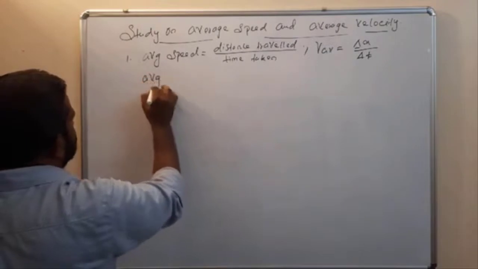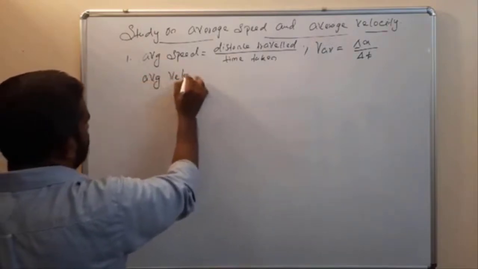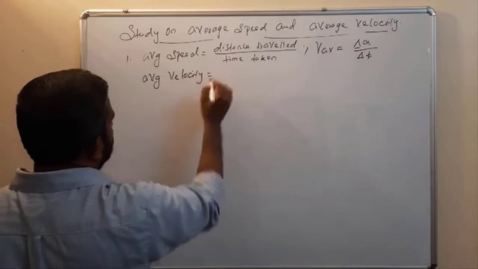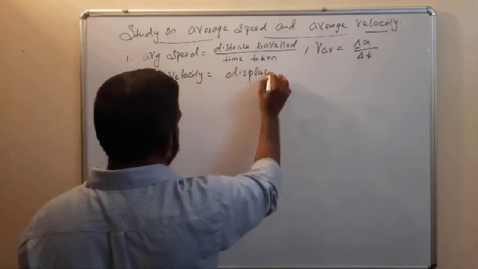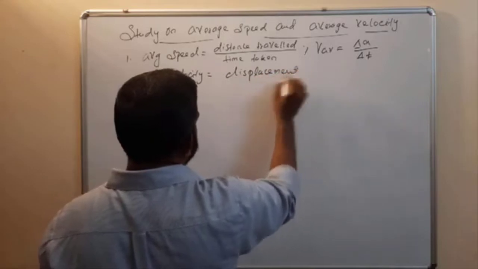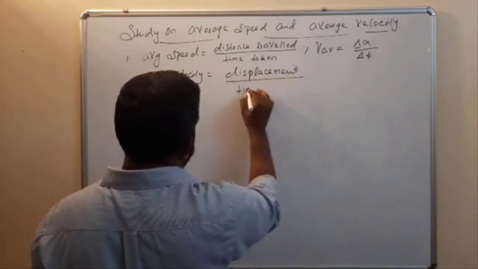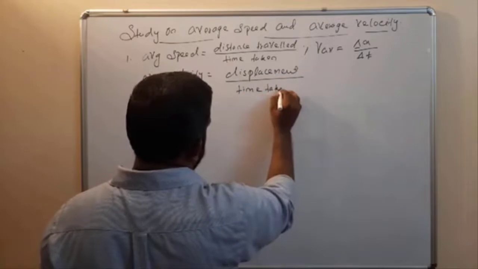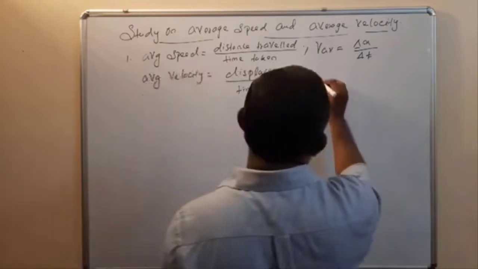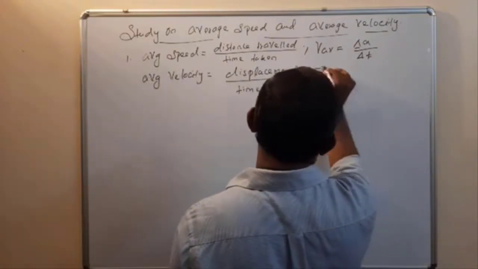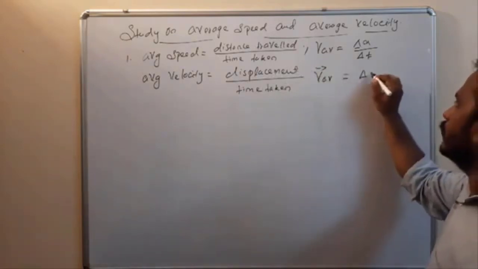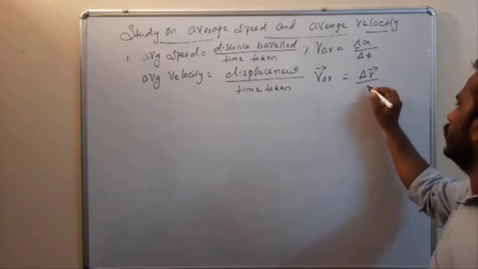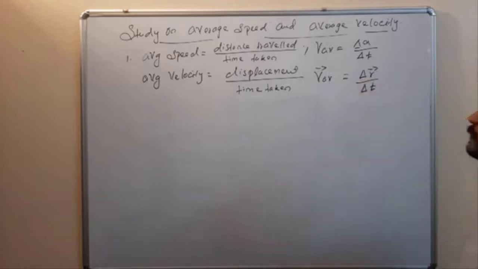Average velocity is displacement by time taken. Okay, V average vector is equal to delta R vector by delta T. Okay.